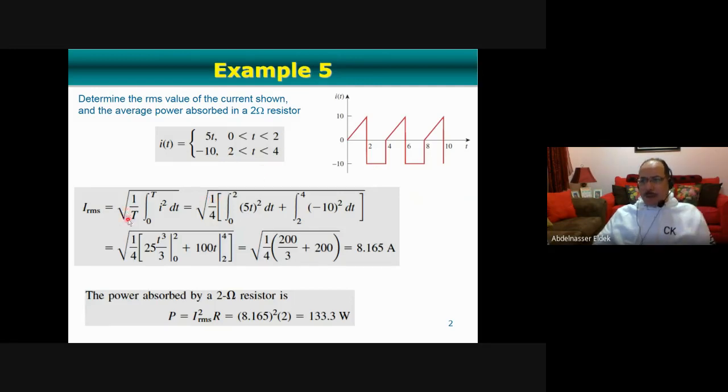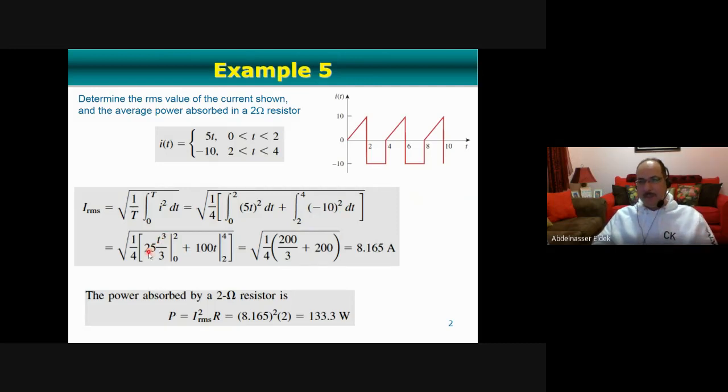So it will be 1 over 4, integration from 0 to 2. From 0 to 2, the current is 5t, so it will be 5t squared dt. And from 2 to 4, the value is negative 10, so it will be negative 10 squared. The integration of 5t squared, which is 25t squared, will be 25t cubed divided by 3.